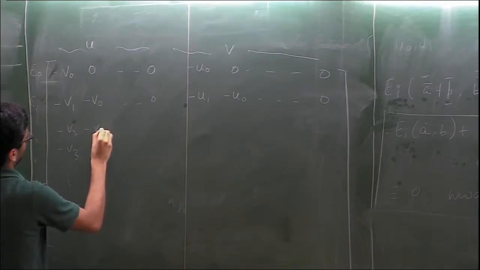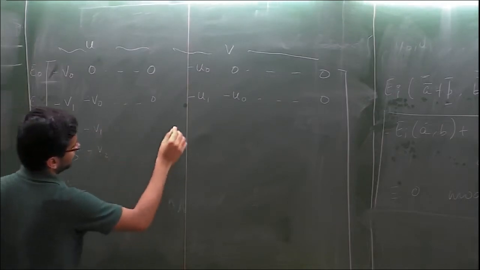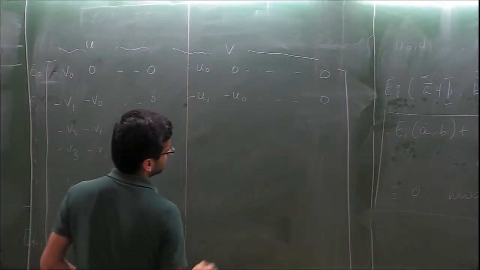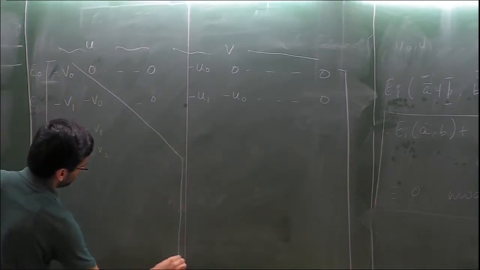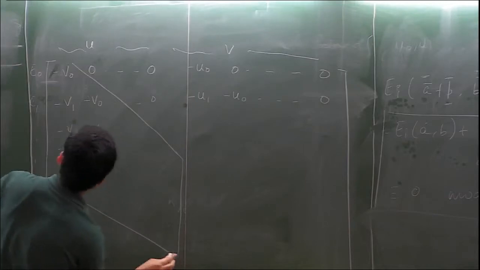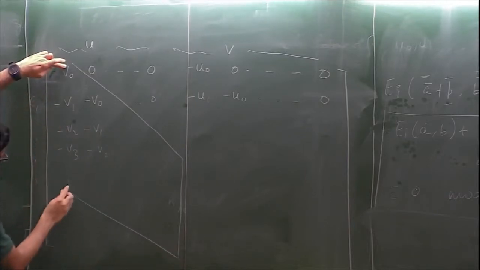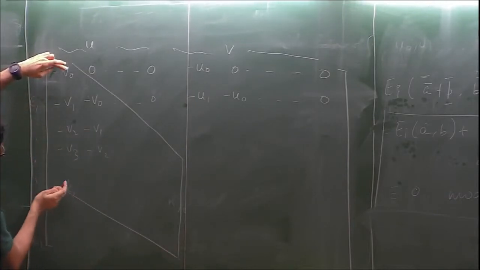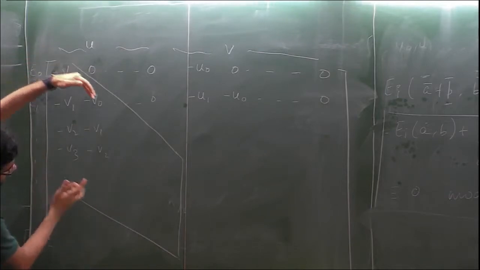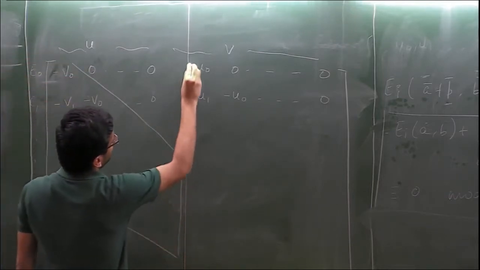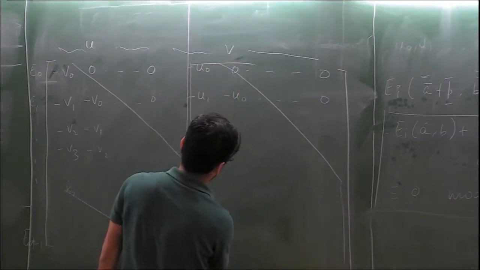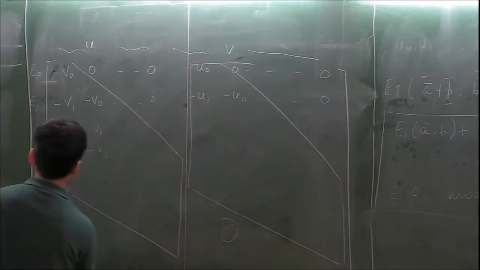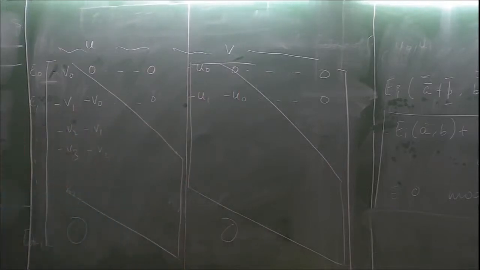And this is going to be minus V1, minus V2, and similarly here. So this is what it's going to look like. We have the vector V1 up to V_{r-1}, and we'll just shift it down like this, and you'll see a similar picture here. All the other entries are going to be 0. Okay? So this is the matrix.